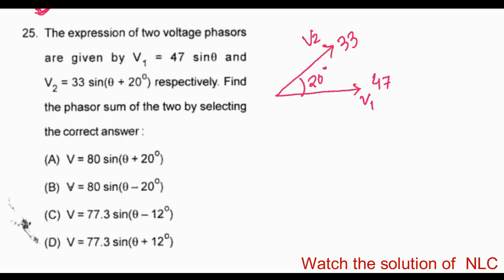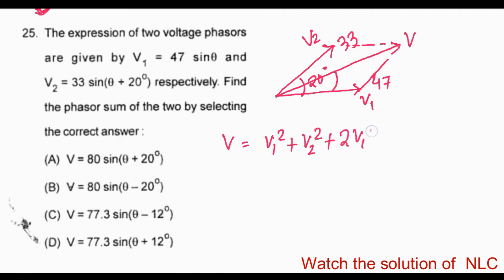So what will be the sum of V1 and V2? We can directly apply the vector sum. That means if this one is the sum, and suppose I am writing it as V, then V is given as the square root of V1 square plus V2 square plus 2 V1 V2 cos phi.